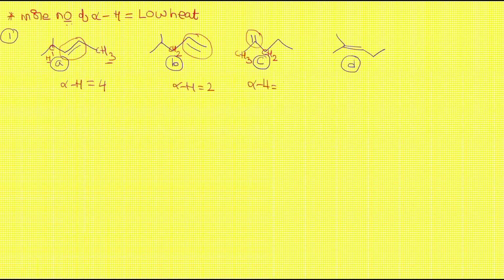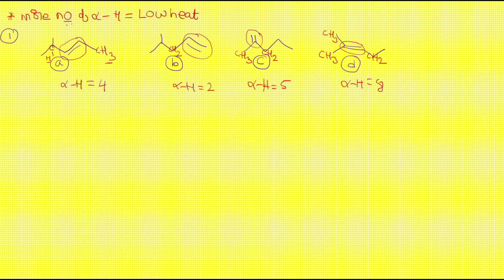So the total is 5 alpha hydrogens. In option D, I am marking one side CH2, another side CH3, another side CH3. Obviously, the number of alpha hydrogens is 8.